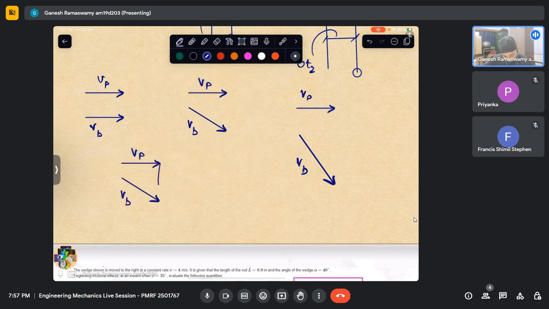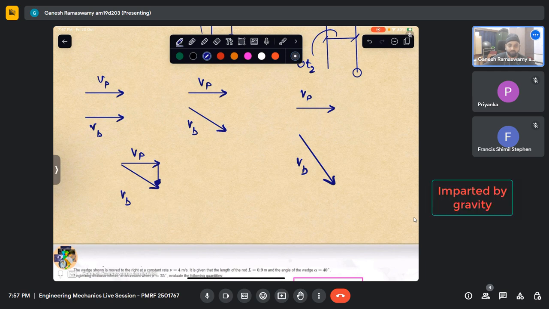So something gets added and it makes up this vector. That something is invariably vertical, because that is the only velocity that has been imparted. So what the observer in the airplane sees as the relative velocity always happens to be vertical. So that person will see that the ball is falling along a straight path.